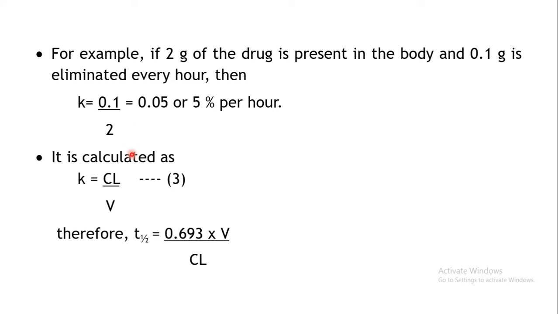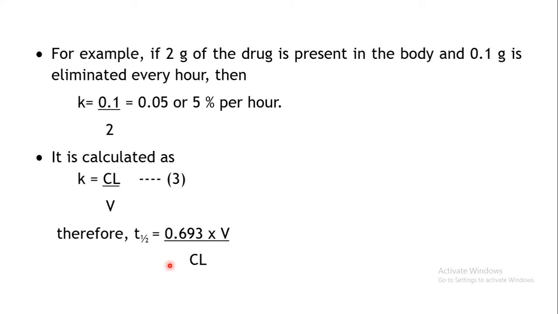Now this elimination rate constant can be calculated from these parameters, that is clearance divided by volume of distribution. These can be known, right? It can be found out, the clearance and the volume of distribution. So by substituting these values for K in your formula, the formula for T half-life, as we have seen, was 0.693 divided by K, right?